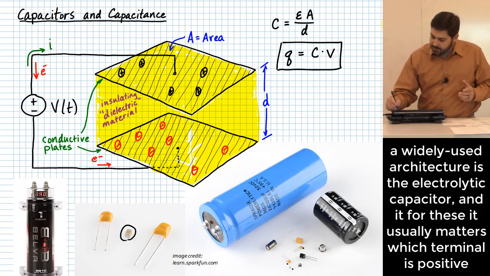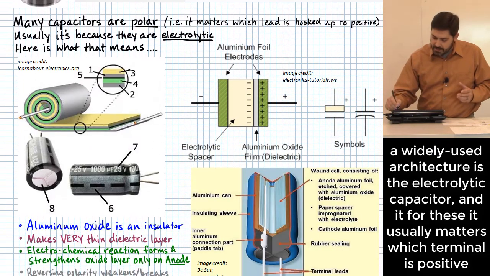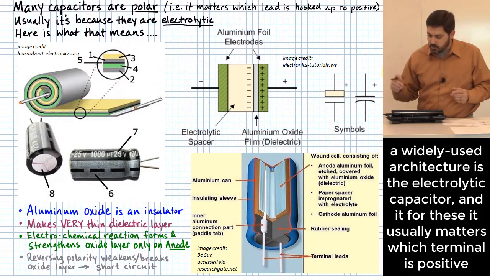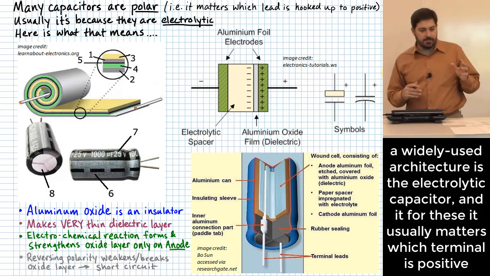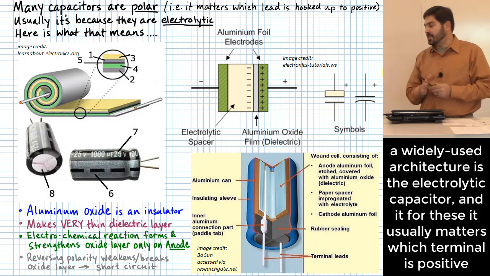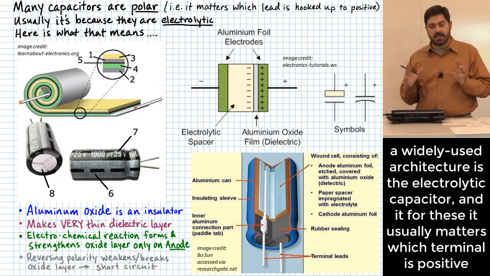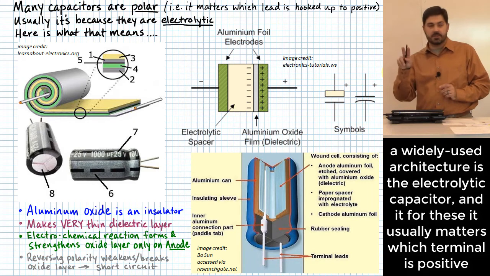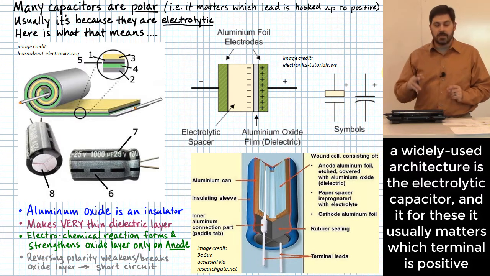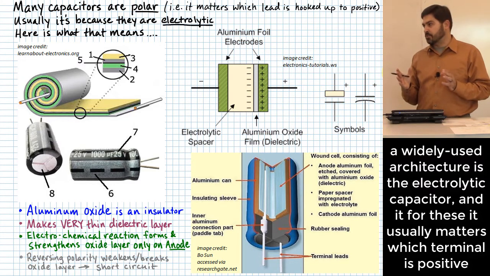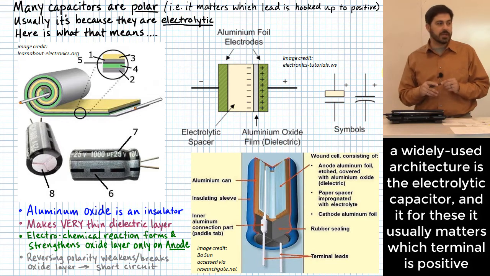There is another quick point I need to make about real capacitors as well, in that there are some types of capacitor that are polar devices. What we mean by that is that it matters which direction you hook up your capacitor into a circuit. The main family of capacitors where this matters is called electrolytic capacitors.